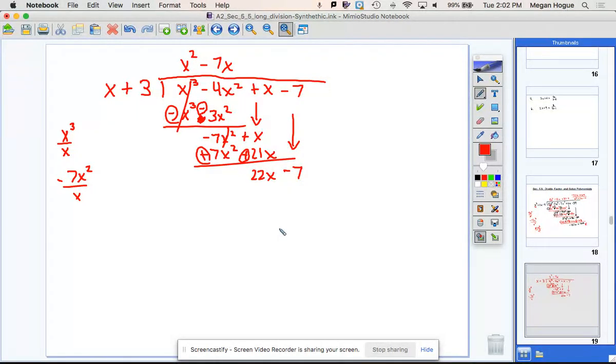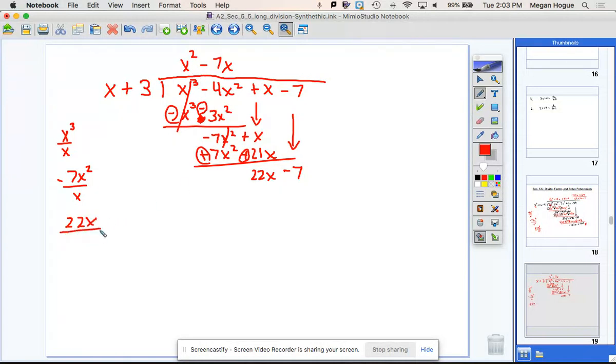Minus 7. Is this going to be the last thing besides the remainder I put up there? No. Wait. No. You can still keep going, because you can divide 22x by x. So when I put that number, that will be the last number. I still need the constant, because I've got x squared and x, I need that constant.